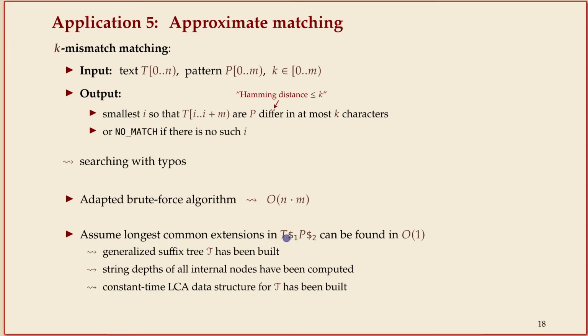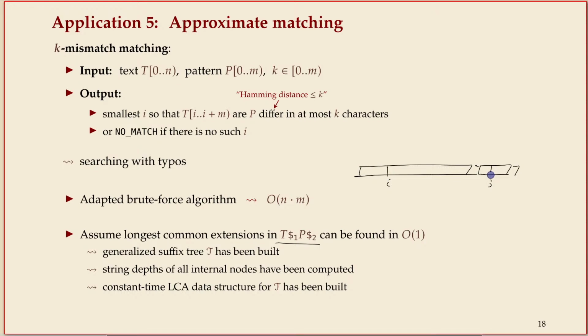So we do a pre-processing on something like the generalized suffix tree again. We take the text, append some end of word marker, and then the pattern and a fresh end of word marker. And we use this LCE data structure that I've just told you about as a black box. So we can find longest common extensions in this string in constant time. And that in particular means if I have my text and then the pattern afterwards, I can pick a position in the text and I can pick a position in the pattern.